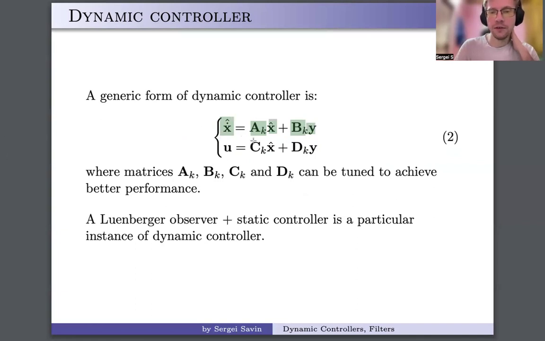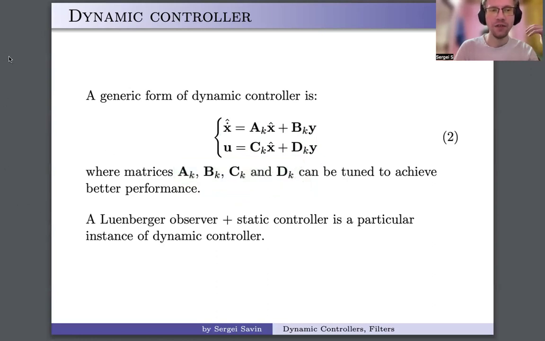We have output u, which is equal to Ck times x hat plus Dk times y. Okay. All of those matrices are controller gains. So now controller has 4 different gain matrices, not 1, 4. Right? And we have to tune those to achieve better performance.